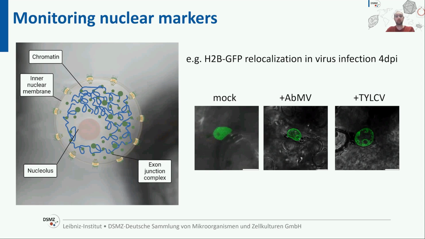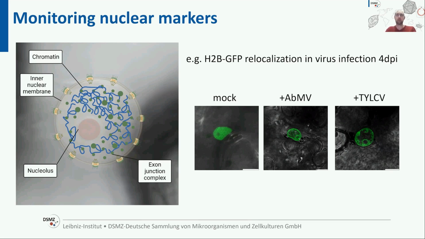But of course, we are also interested in working with the wild-type virus. Therefore, we need a plant marker protein that shows infected cells or nuclei, similar to the cells marked by the GFP in the previous example, with the attenuated ABMV virus. We have chosen to work with the H2B protein, which belongs to the chromatin complex and shows us very nicely an alternative pattern and relocalization to the nuclear periphery compared to mock conditions.